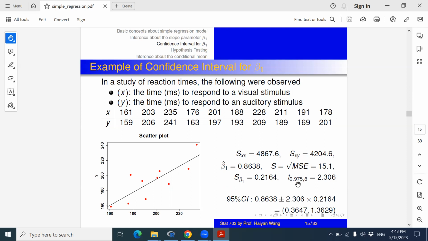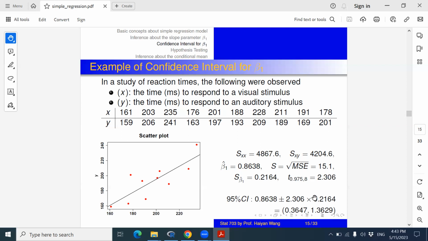And then the t critical value, this notation is not really conventional. So I should really write the t critical value as t.025. And then we have beta 1 hat here, 0.86, plus or minus the t critical value times the standard error, which gives us the confidence interval.